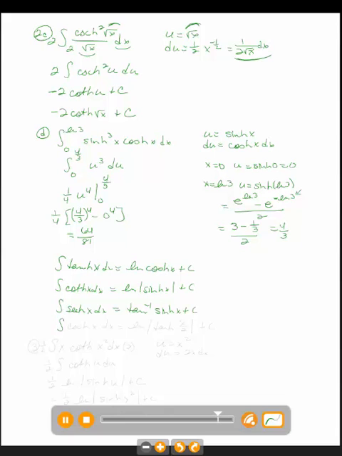And then if I'm trying to do cosecant, it's the natural log of the hyperbolic tangent of x over 2 plus c. These are some really strange ones.